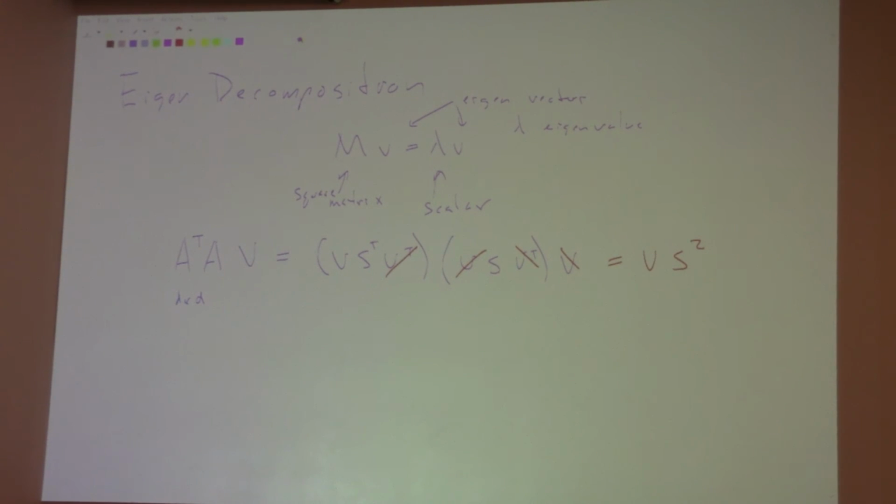But for each individual, what this is saying is if I looked at any individual column of V, then it's going to be orthogonal to the other columns.